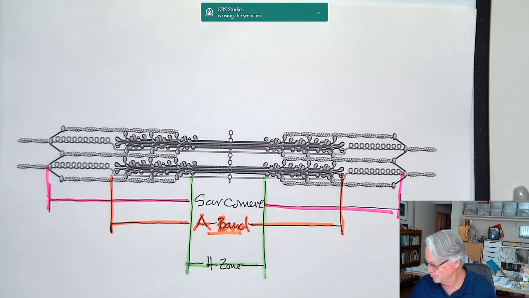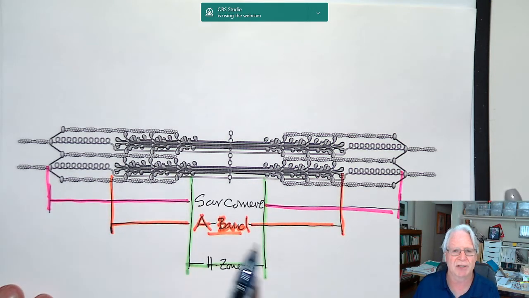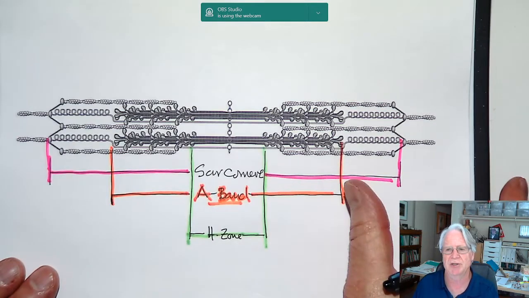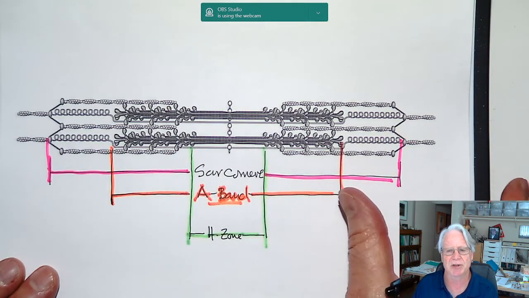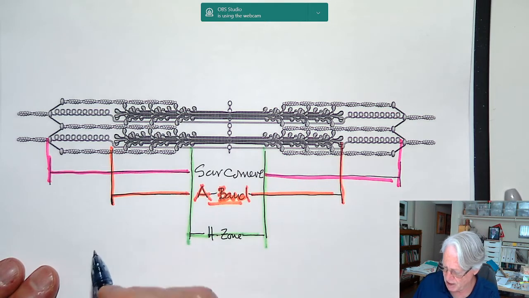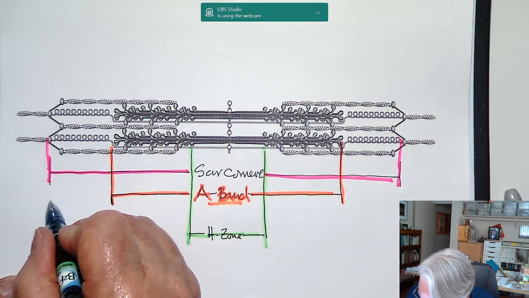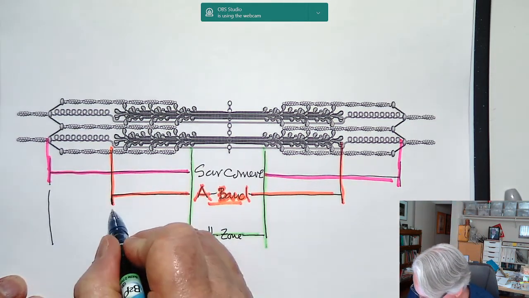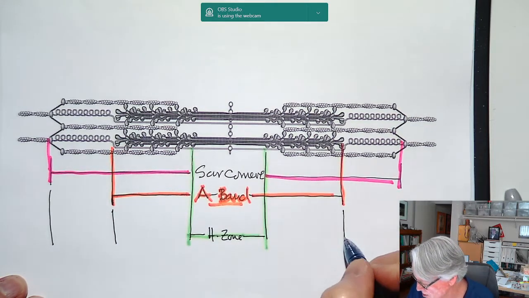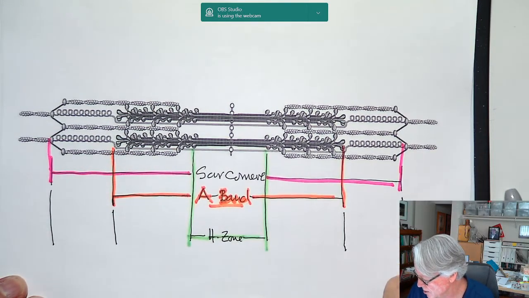And then finally, I'm just going to draw half of the I band because I don't have two full complete sarcomeres. So we're only going to grab half, and that's going to be this section right here, and this section right here, and that section right there.